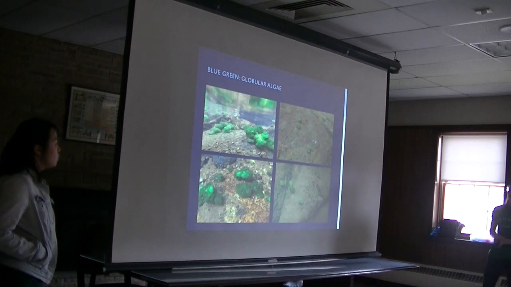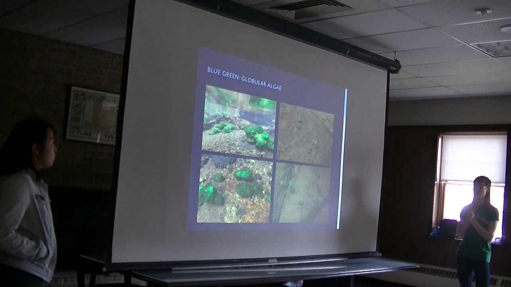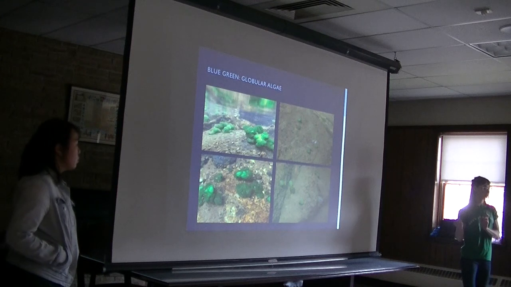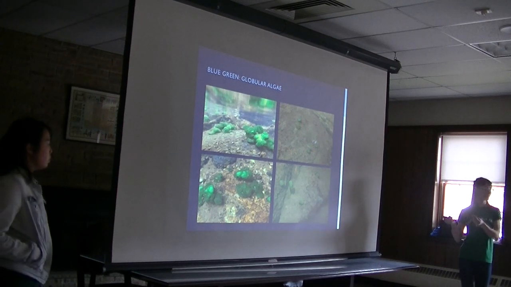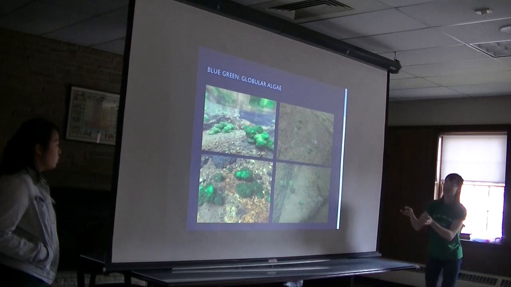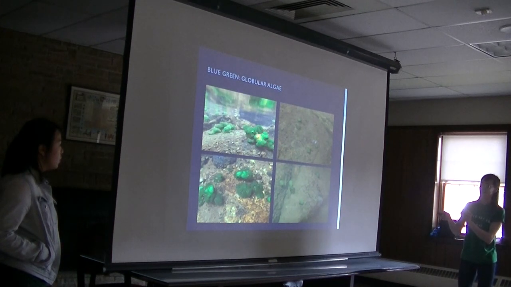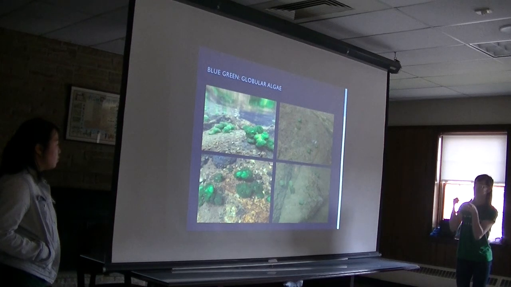So here are some pictures of globular blue-green algae that we saw up in the New Jersey Highlands a few years ago. We've only seen this growth form at one site before, but if you see this growth form in any color, this is what globular algae look like. It's very squishy, and when you pick it up, it's squishy, globular.